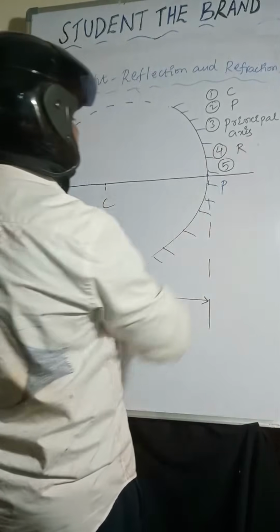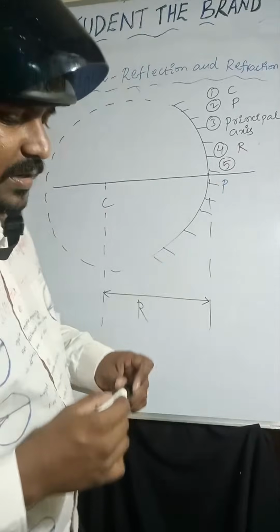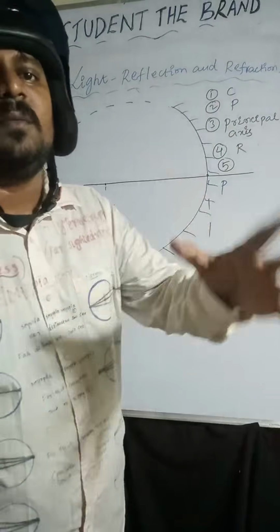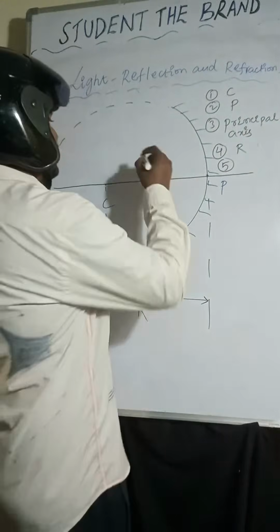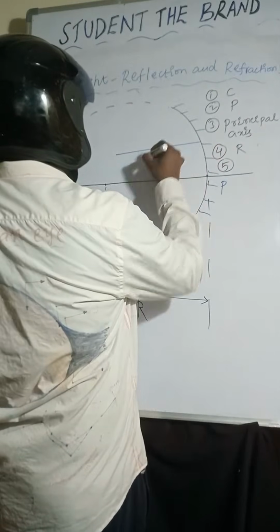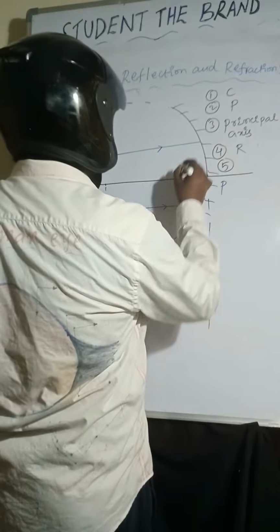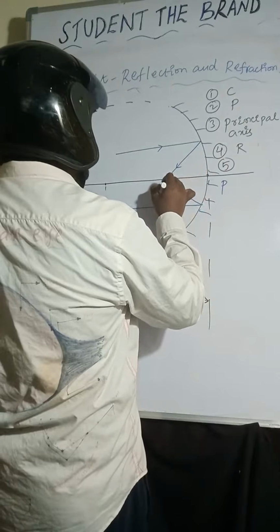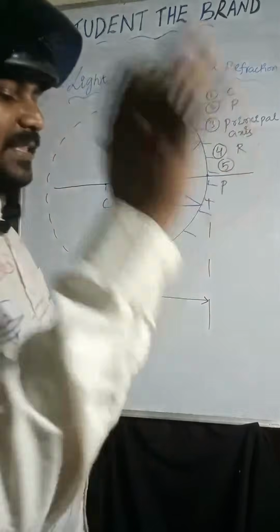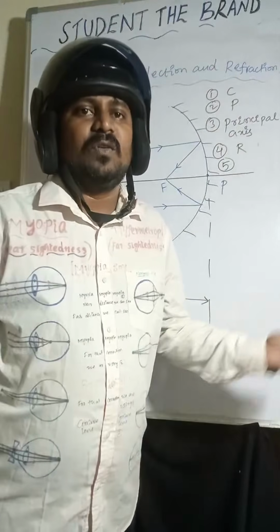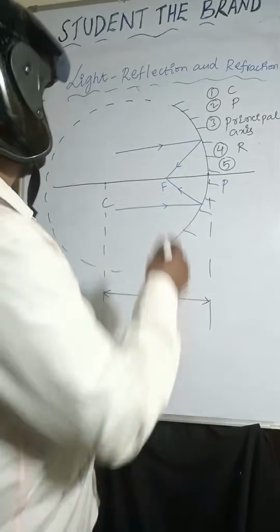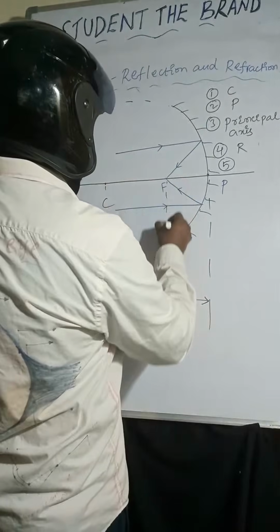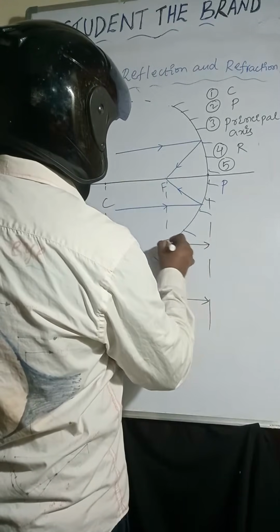Coming to the fifth one, after reflection, light rays meet at one point on the principal axis. That point is called focus, or principal focus. The distance between focus and pole is called focal length.